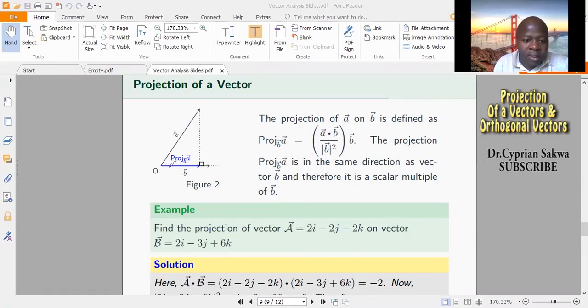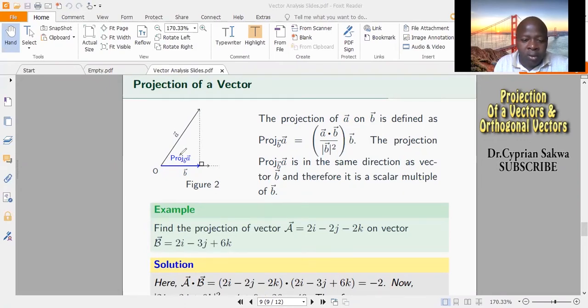So I have this vector B here, and I have this vector A. What is the projection of A on B?